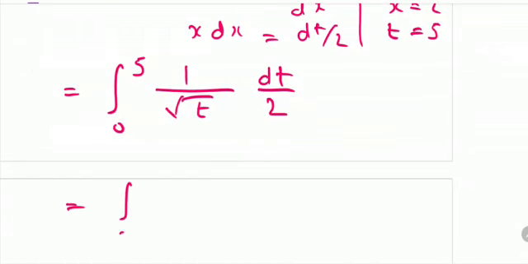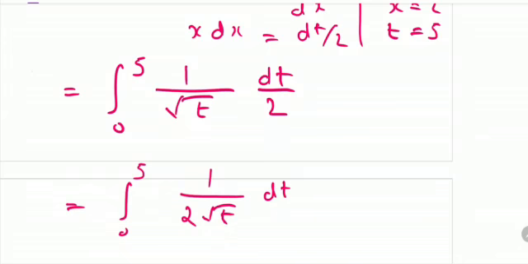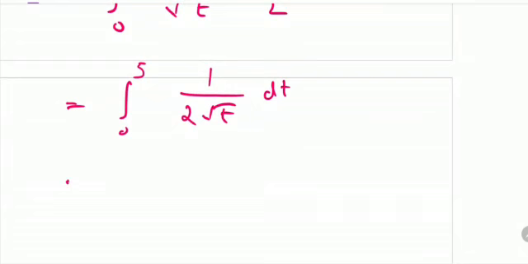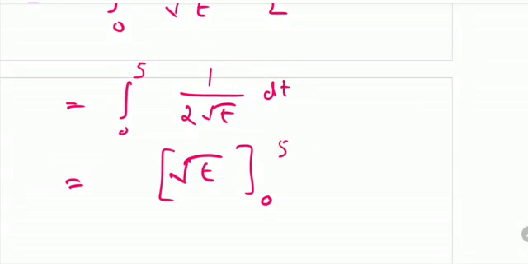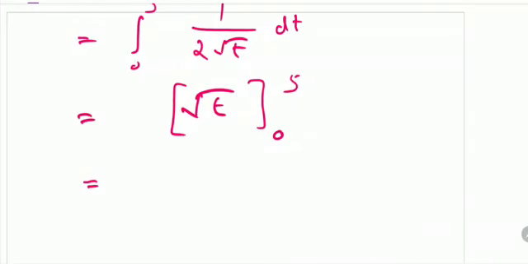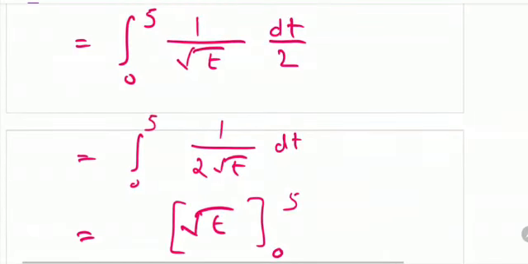Again, a simple integration question, 1 to 5, keep it as it is, 1 by 2 root t. Remember, the derivative of root t is 1 by 2 root t. So the integration of 1 by 2 root t is simply root t, from 1 to 5. Substitute upper limit minus lower limit.